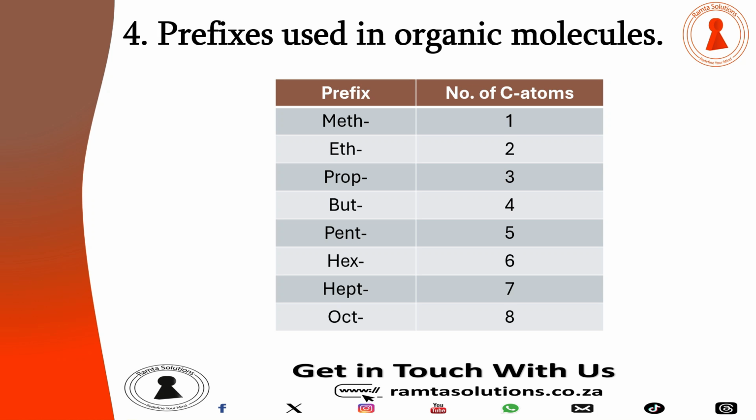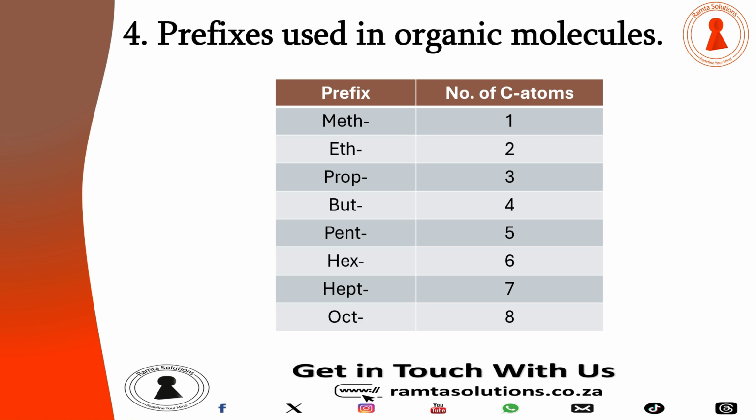They are like that because we're referring to something that we call the longest chain. So if your longest chain has 1 carbon, your prefix will be meth. If it has 2, it'll be eth. If it's 3, prop. 4, but.